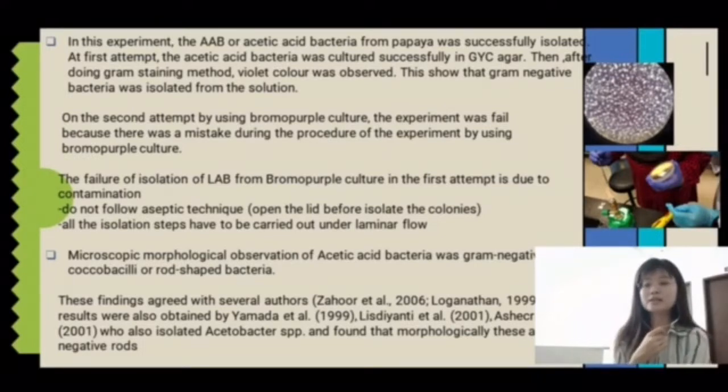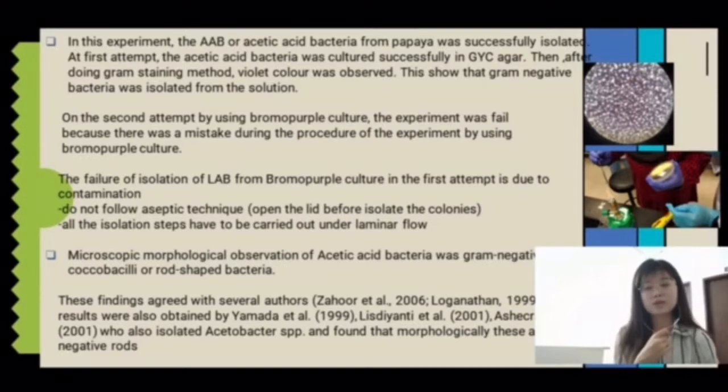For example, we accidentally opened a lid before we went to isolate the colonies, or all the isolation procedures have to be carried out under laminar flow to avoid contamination from the air. And also we can observe the acetic acid bacteria. The microscopic morphology observation through the gram staining shows circular bacillus or rod-shaped bacteria.